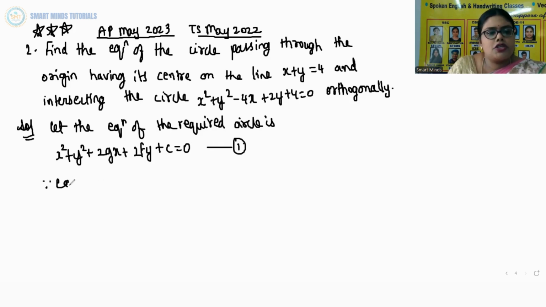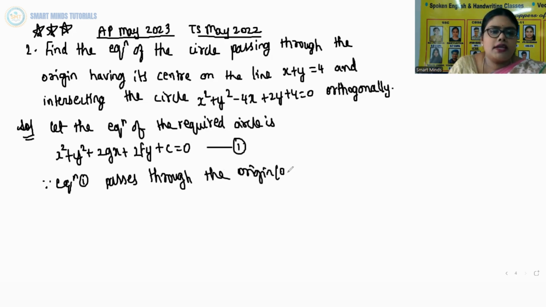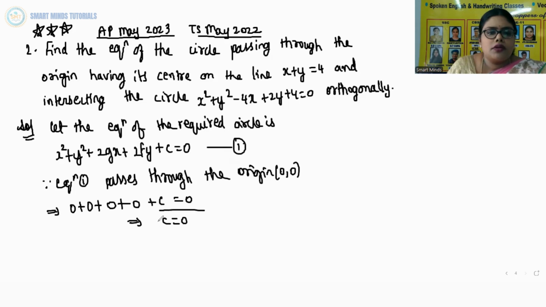Now since equation number 1 passes through the origin, the origin is always taken as 0, 0. Now you substitute 0, 0 in the place of x and y in the first equation. So you get 0 plus 0 plus 0 plus 0 plus c. So we get c is equal to 0. Whenever an equation passes through the origin, we always get c is equal to 0.